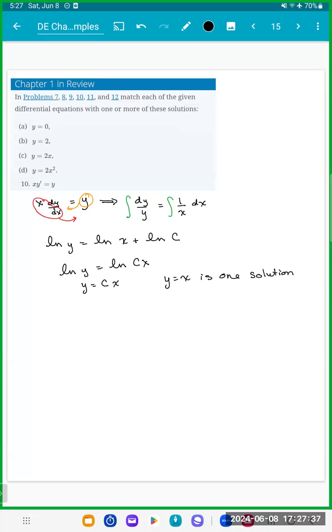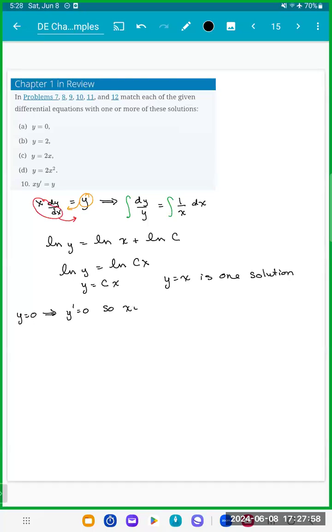And so now we just want to test each of these other equations that we were given up here. If we have y equal to 0, then y prime equals 0.